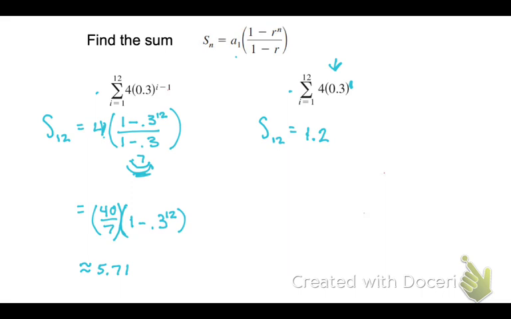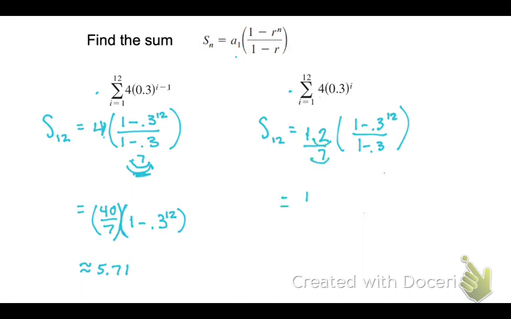Remember, you have to plug in your 1 and do the math, because I'm going to tell you right now that's the most mistakes on the test when I ask you for a sub 1. You'll just look at it and say, oh, it's 4. It's not always just 4, is it? Okay. And then 1 minus, what's r? 0.3 to the n, 12 over 1 minus 0.3. So this is 0.7. So they both get moved over, right?